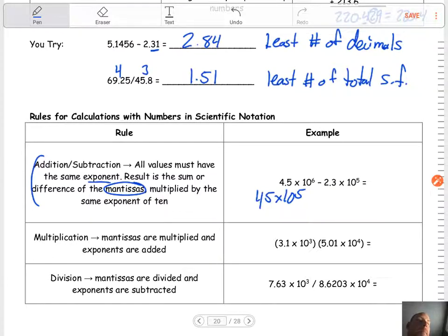Absolutely not. But it's going to make it easier for us to subtract, because now they have the same exponent. Okay, so when we subtract that, we would get 42.7 times 10 to the 5th, which we would then rewrite in correct scientific notation as 4.27 times 10 to the 6th.